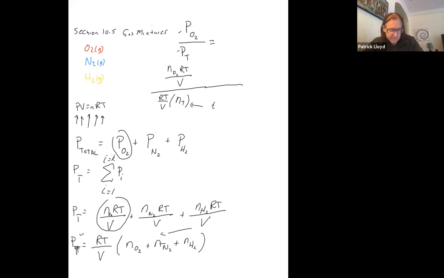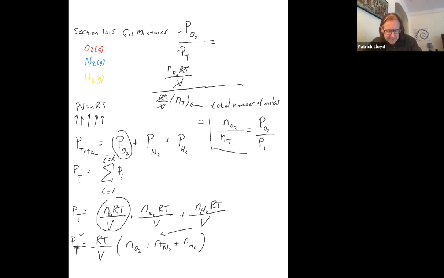Being a little clever here. Now look what happens. You have RT over V in the top and the bottom, in the numerator and the denominator. So this just simplifies to n of O2 over n total. So let me write that as P_O2 over P total.